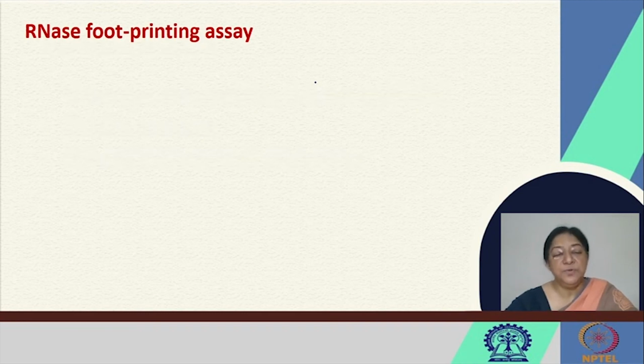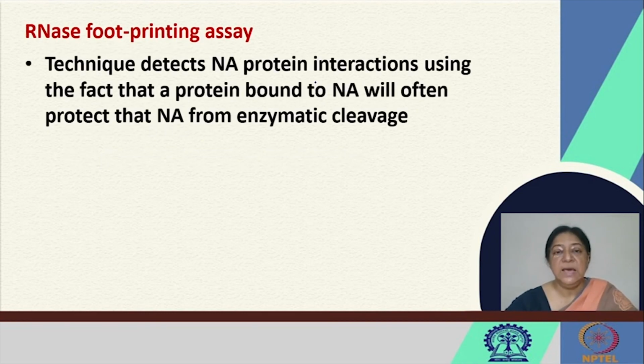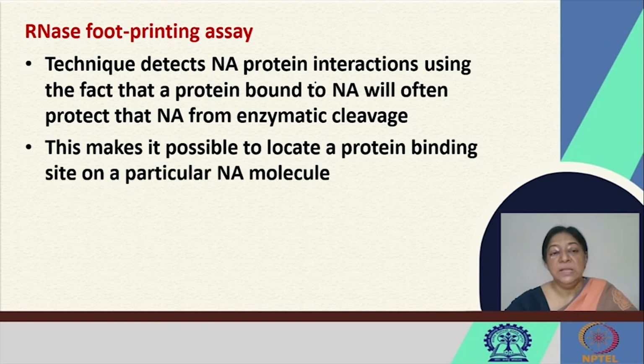The RNA footprinting assay is a technique that can detect nucleic acid protein interactions using the fact that a protein that is bound to the nucleic acid will protect the nucleic acid from any enzymatic cleavage, as we just saw. This makes it possible to locate a protein binding site on a particular nucleic acid molecule.